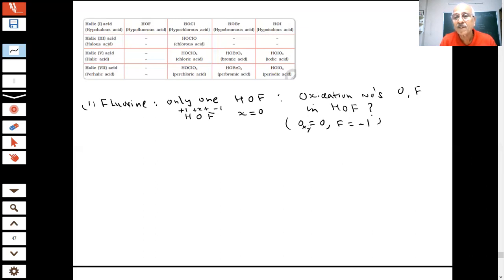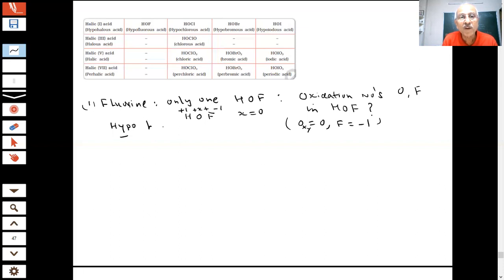This is our answer. Somewhere they have given an answer of fluorine +1, which I would say is wrong, according to the high electronegativity of fluorine. Here, the oxidation state of fluorine is low, and that is why they are called hypohalous acids.